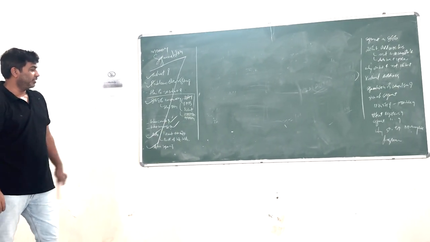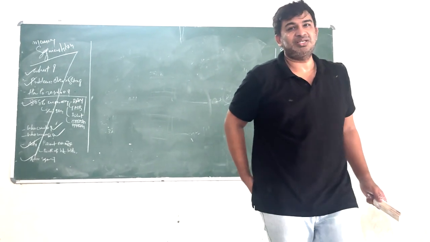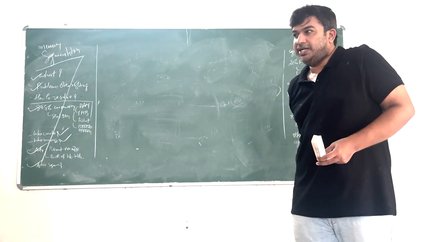What is the maximum size of memory in 8086? 1 million locations, 1 megabyte.